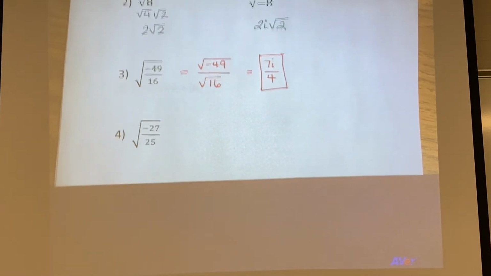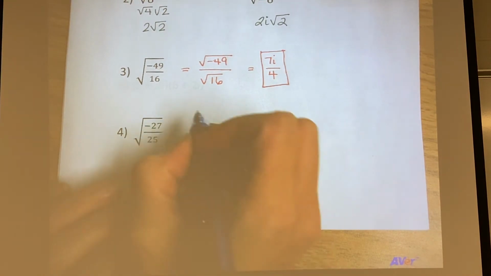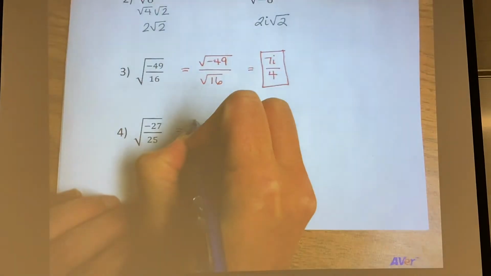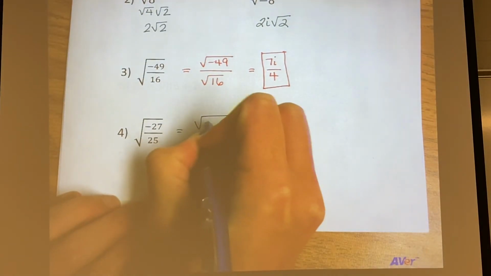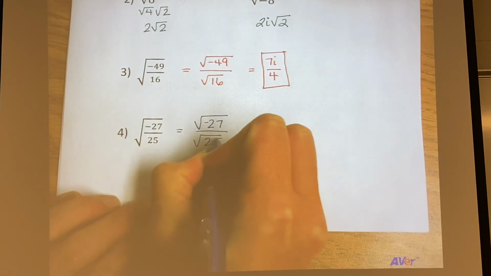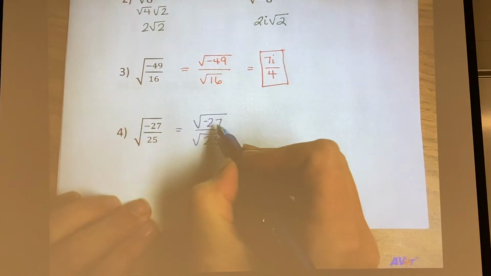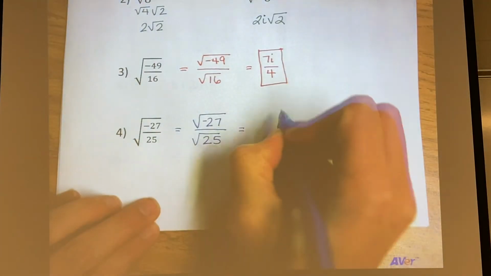Let's try that again with some non-perfect squares. We have the square root of negative 27 divided by 25. So we would first want to find a perfect square that goes into negative 27. So again, we're going to separate that numerator and denominator. Break down the numerator. 9 goes into 27 3 times.